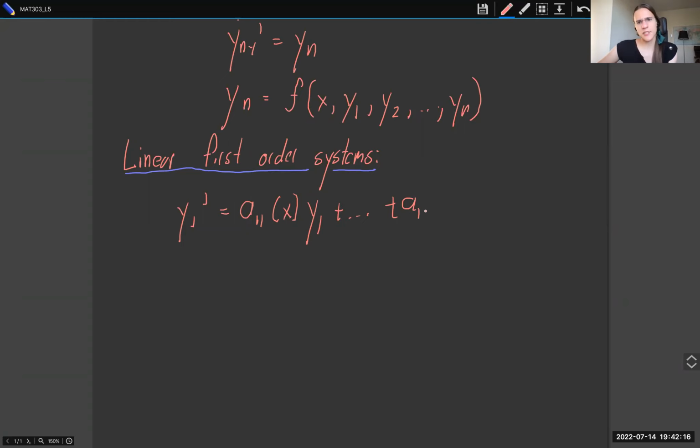And then we're going to have the inhomogeneous part, which I'll call f1(x). And then we're going to have a bunch of equations up to yn prime is equal to an1 y1 and so on. So here the second coefficient changes, here the first coefficient changes.